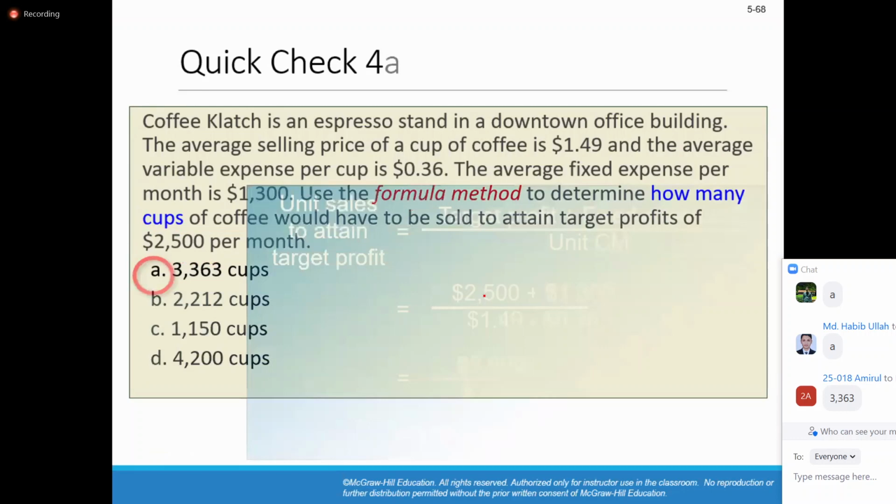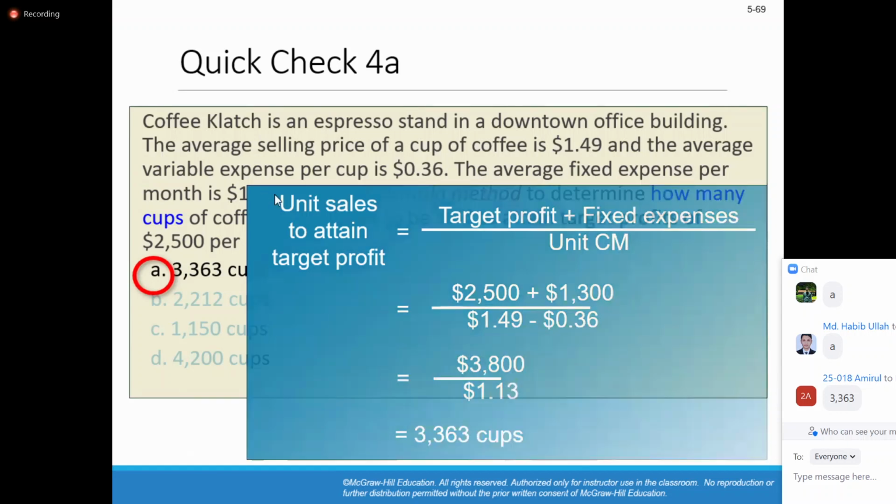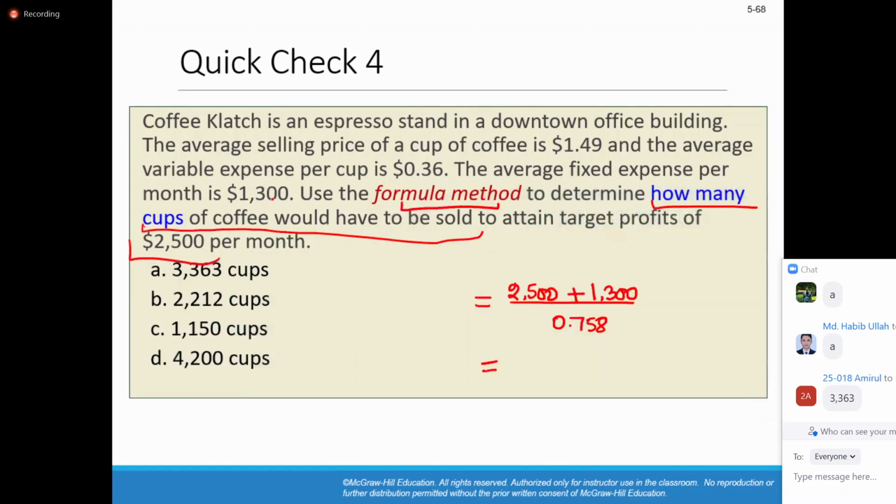Okay, so I see what has been done here. The question is in terms of how many cups of coffee.